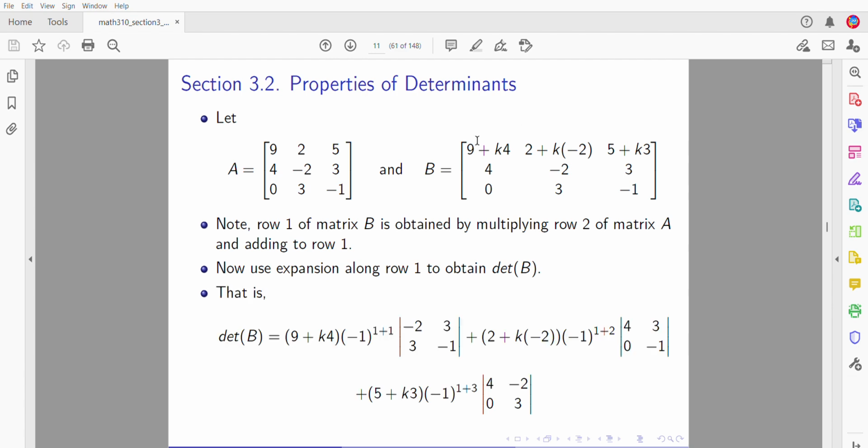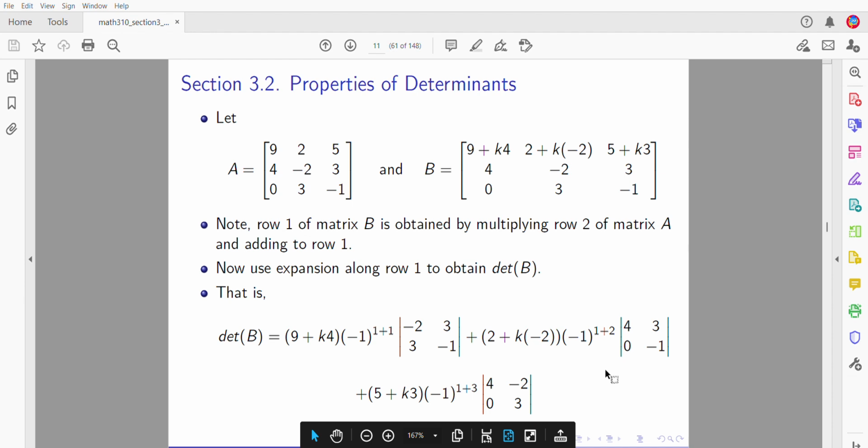So first location, 1 1 location, its sign, drop that row, drop that column, determinant of this, plus 1 2 location, its sign, drop that row, drop that column, its determinant of the leftover. Now 1 3 location, keep track of its sign, drop that row, drop that column, whatever is left over, its determinant.